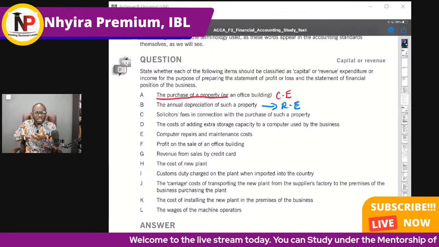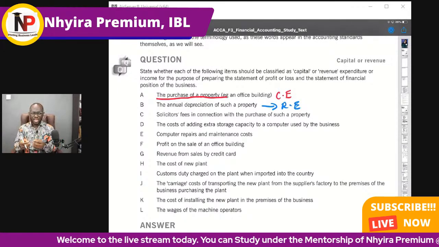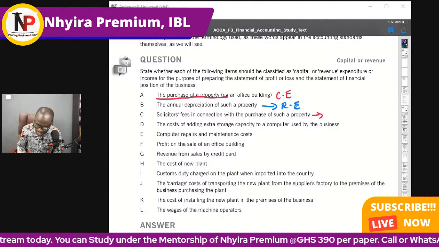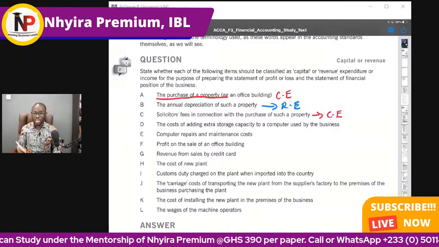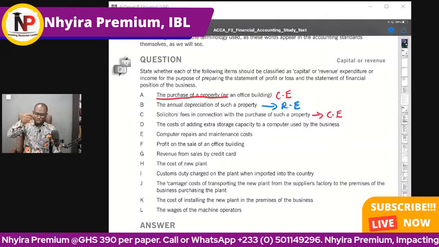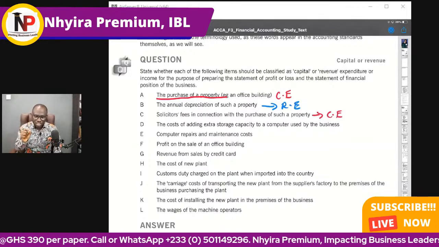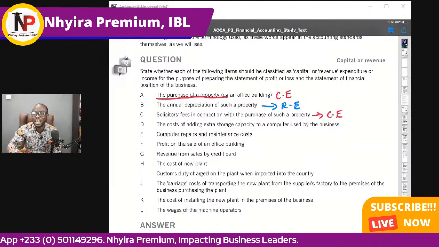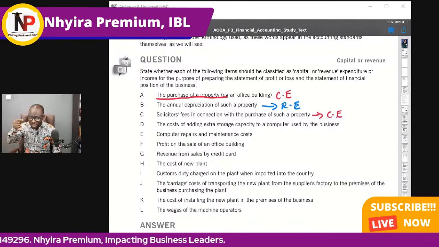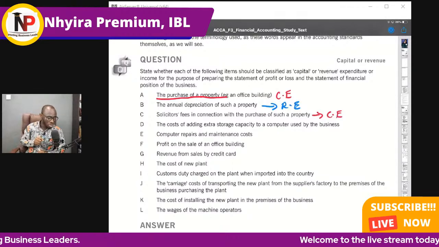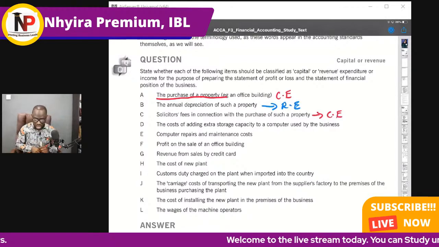Because that cost relates directly to the asset, that is going to be recognized as a capital expenditure. In other words, we are going to include the solicitor's fee we pay in the purchase of the asset in the initial cost of the asset. This is in accordance with IAS 16, Property, Plant and Equipment, and I'm going to expand on this in a moment as we move ahead with the discussion.